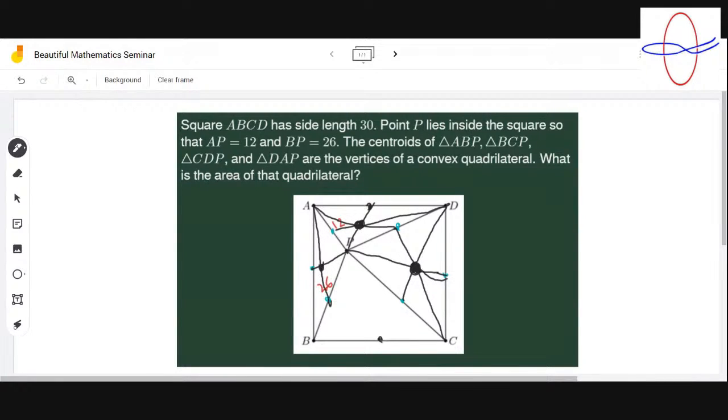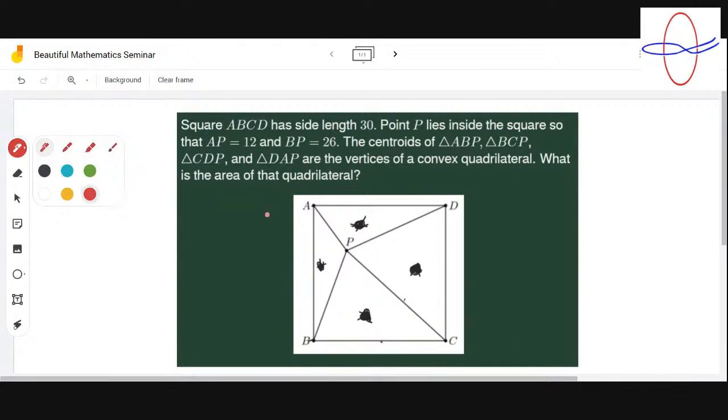You can draw the centroids like this, and similarly you can draw the centroids like this. So you have this centroid, this centroid over here. Let's drop everything else off. This is a good thing about Google Jamboard, that we can rub off the part we want to rub. Okay, so these are the centroids.